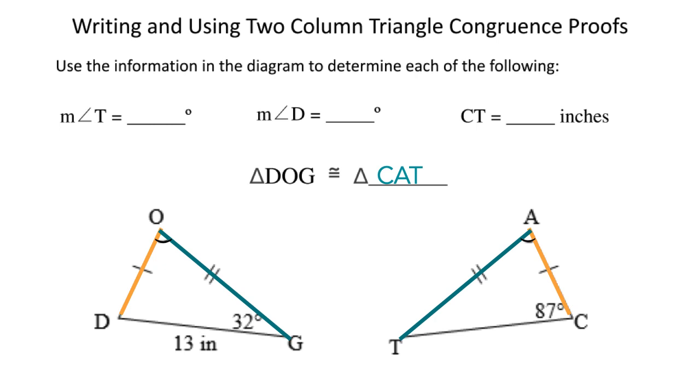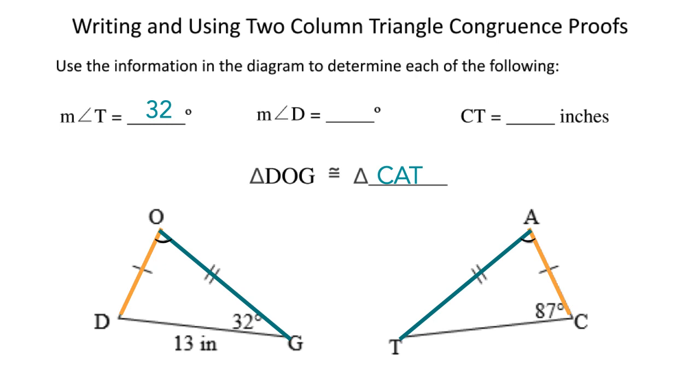Now that I have this congruence statement, we can use it to solve for the three unknowns, starting with the measure of angle T. When I look in the diagram, the measure of angle T is not given. But in my congruence statement, angle T, the third letter, corresponds to angle G, the third letter in the first triangle. The measure of angle G is 32 degrees, therefore the measure of angle T is 32 degrees.